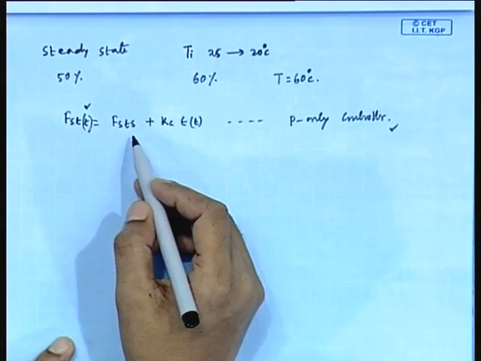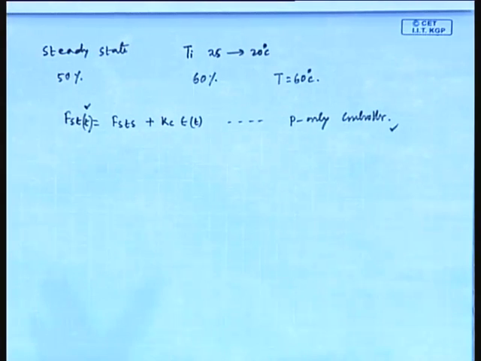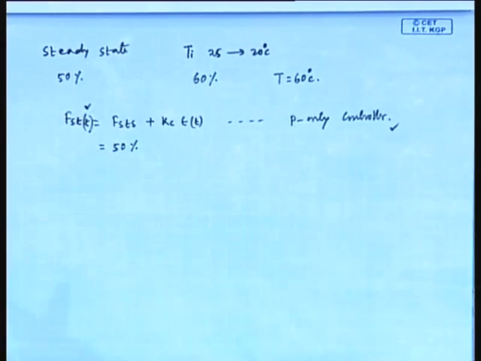Steady state value of FST. If we represent FST in terms of percentage opening, then FSTS is nothing but 50%, because that is the steady state value of FST. Fine.